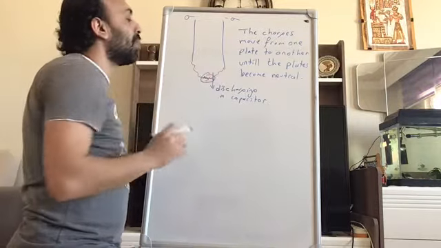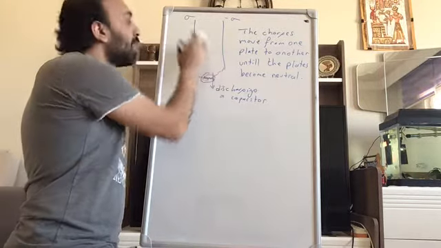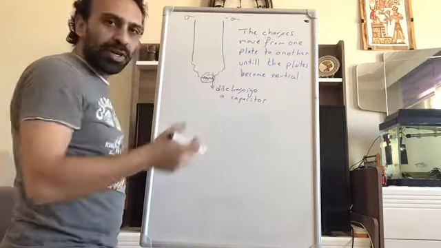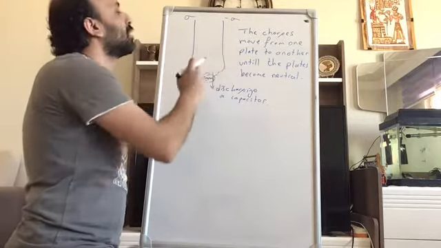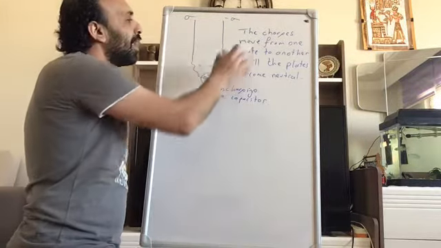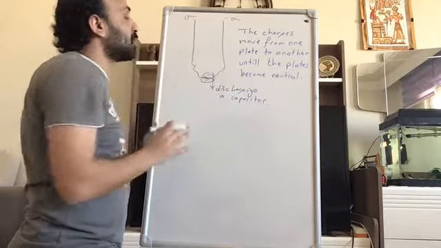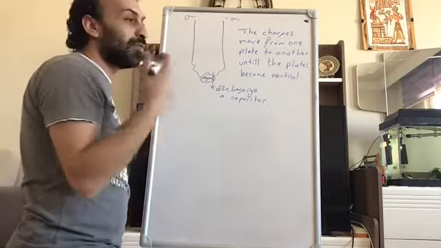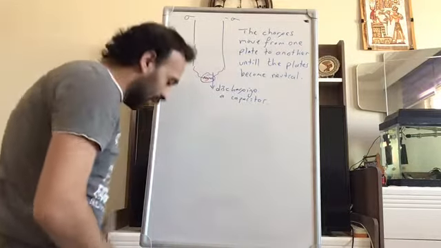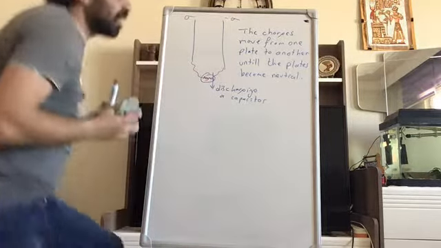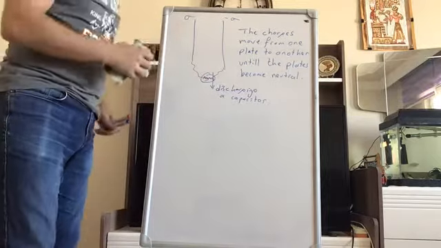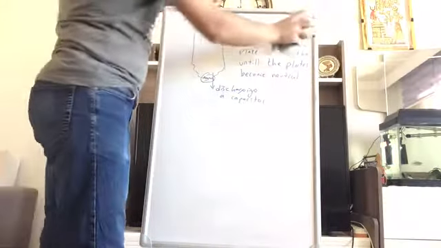Or if you put your phone here, the charges will run your phone so you can use it, and then at the end they come to the other plate, and the charges stop when both plates become neutral, so your device will stop running. This is discharging, and it lasts until the plates become neutral.